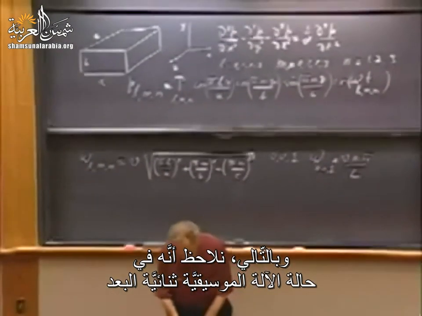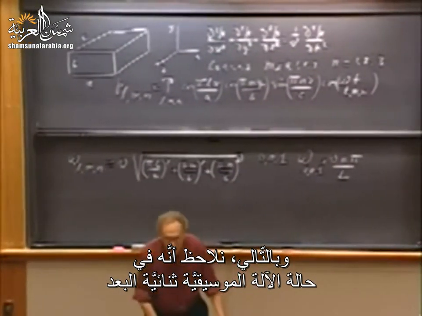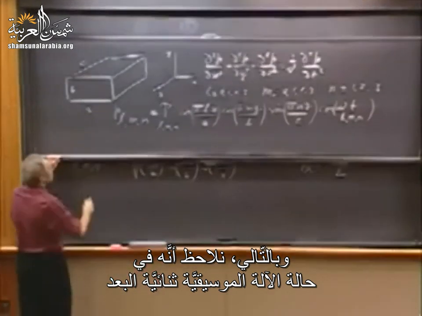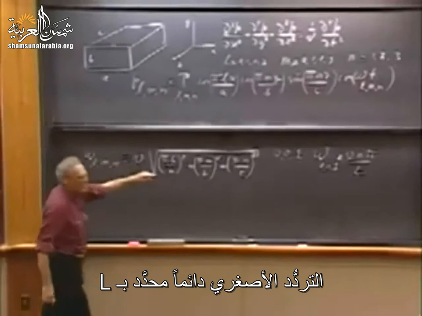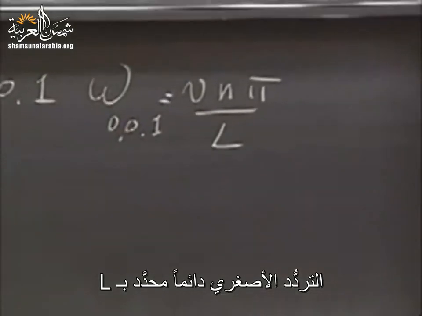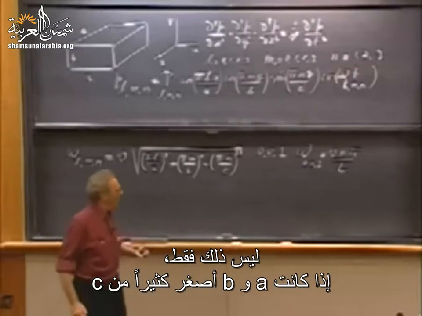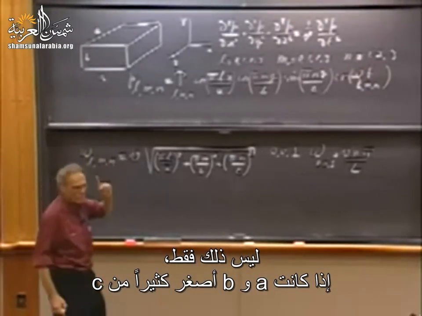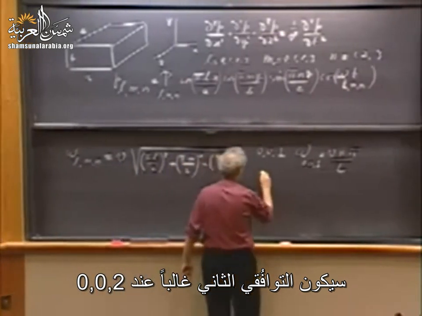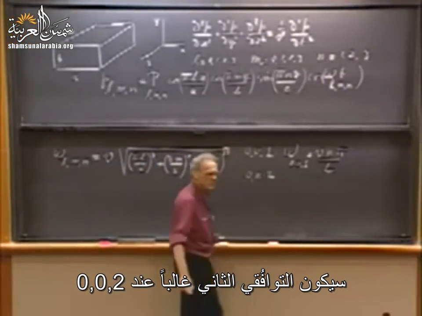And so what you see now is that if you have a musical instrument, even though it has dimensions A and B, the lowest frequency that you get is always dictated by L. But not only that, if A and B are much, much smaller than C, then the second harmonic is almost certainly going to be 0, 0, 2.